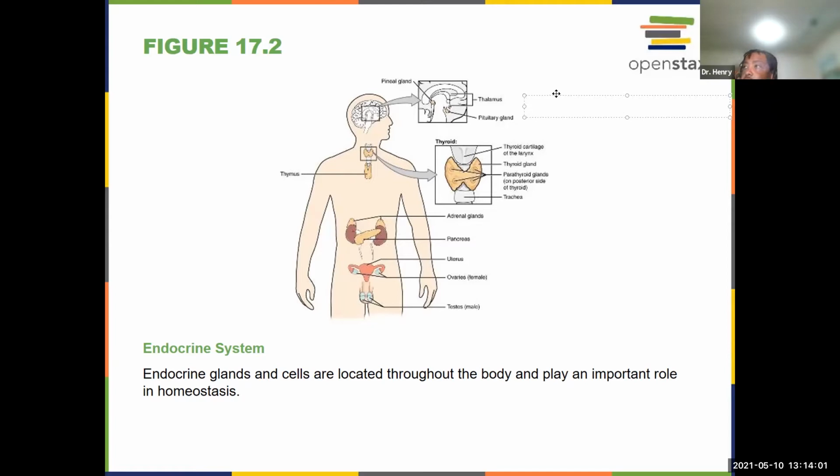We have the growth hormone, prolactin, and thyroid stimulating hormone.